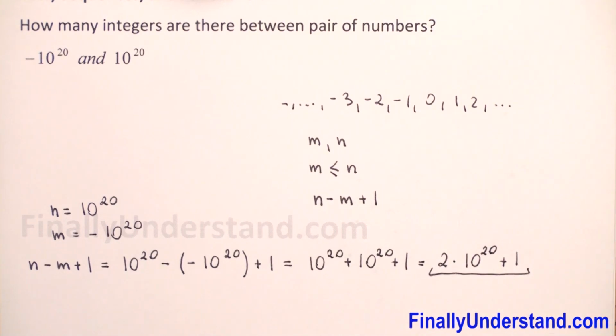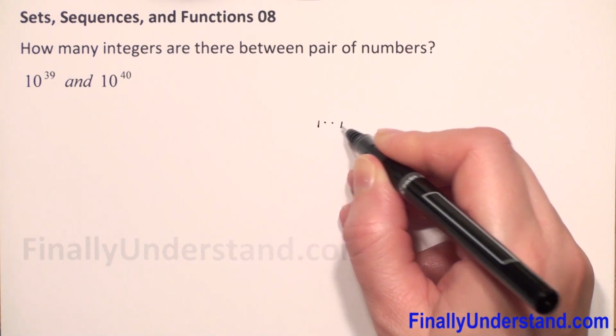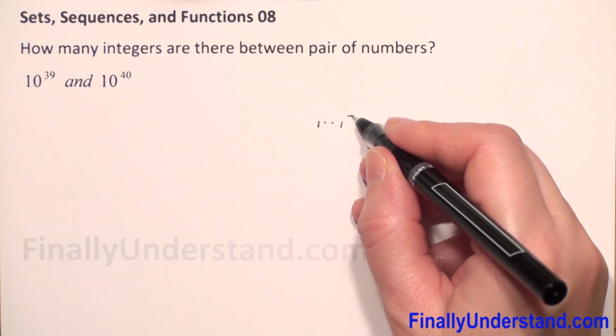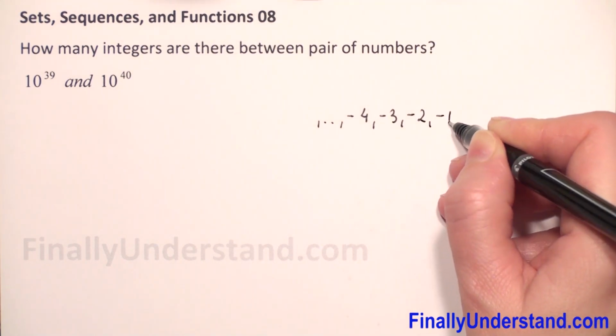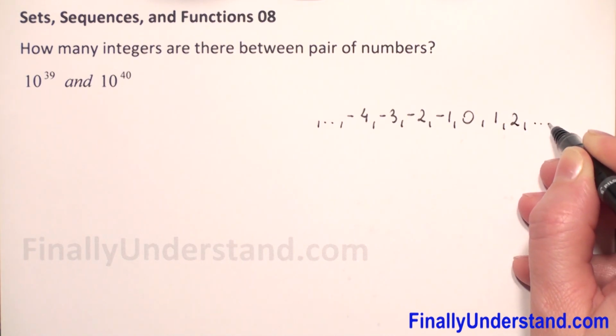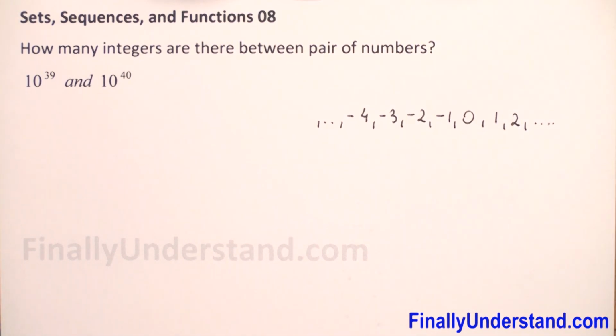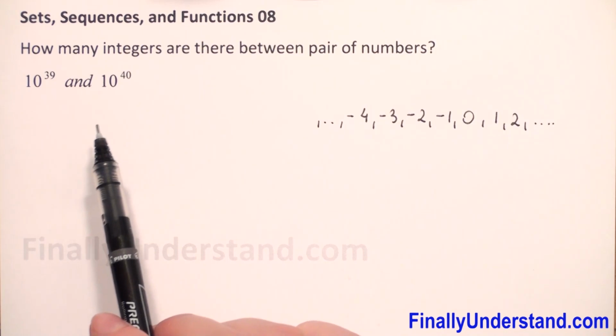This is my solution. We know that integers are whole numbers including 0 and negative values. So let me write this. We have whole numbers from negative infinity, -4, -3, -2, -1, 0, 1, 2, and we are going to positive infinity. To find how many integers we have, it will be very difficult to write these numbers and then count them.